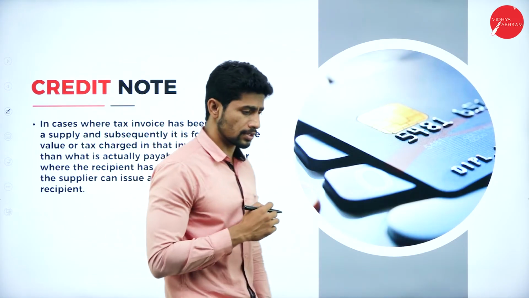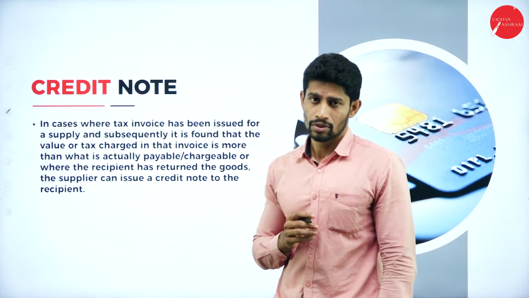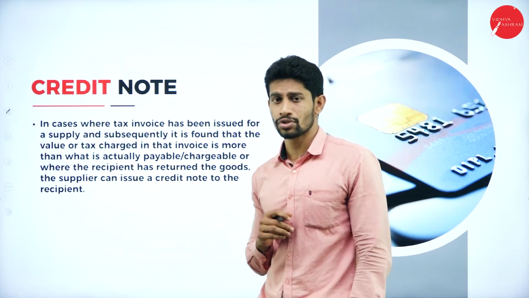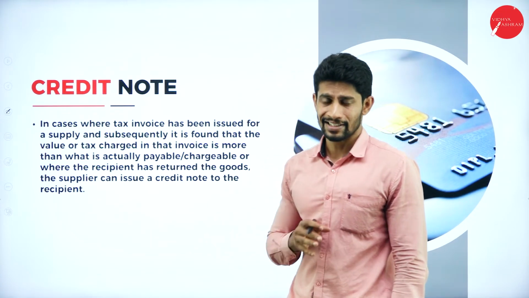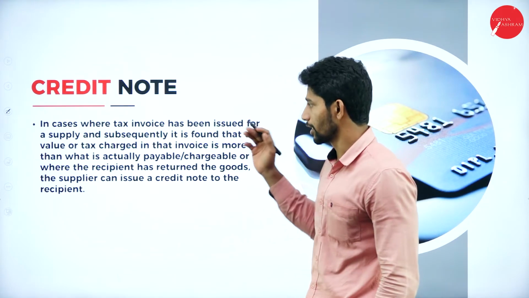So moving on, this concept is very much important, that is credit note. Sometimes the supplier is supposed to issue the credit note to the recipient. In what circumstances are they supposed to issue the credit note?